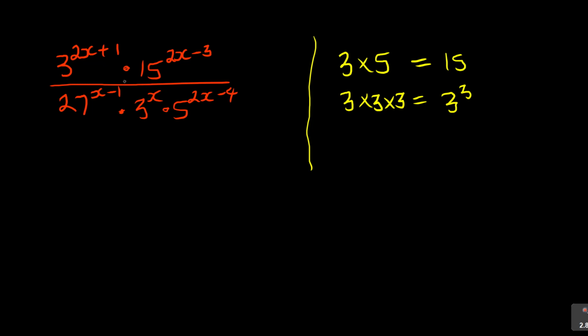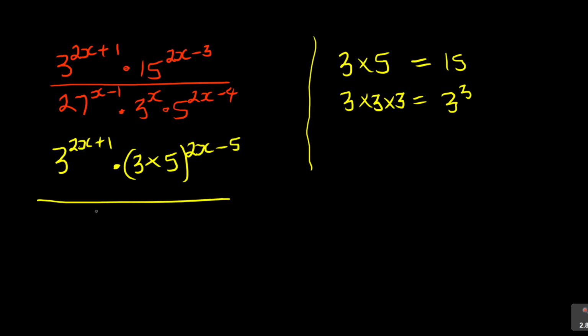So I can rewrite this to become 3 to the power of 2x plus 1, dot, 3 times 5 in brackets to the power of 2x minus 5, over 3 to the power of 3 in brackets x minus 1, times 3 to the power of x.